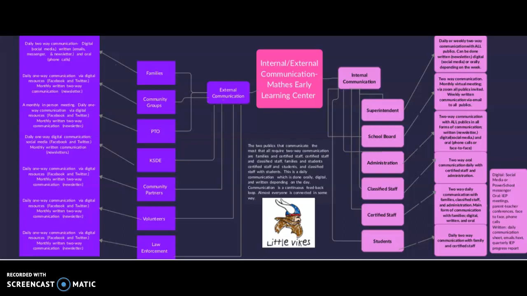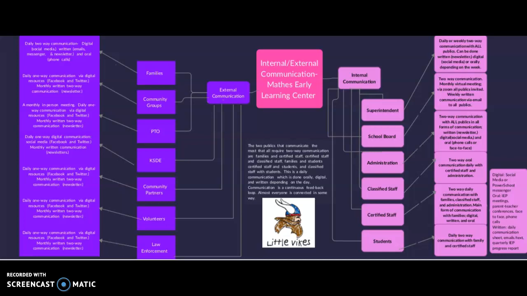So KSDE has communication with the superintendent, the school board, administration, and certified staff. They also receive one-way communication via social media, so our Facebook or our Twitter, and then written communication, our newsletter as well.